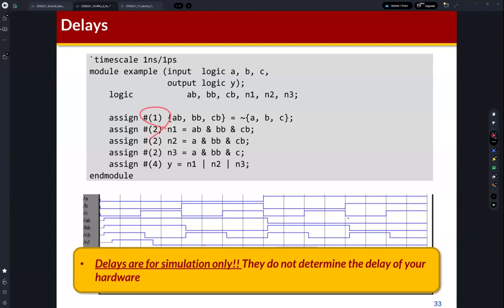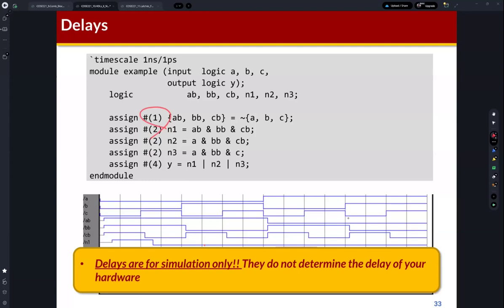Sometimes students can think that, oh, we can make any hardware using SystemVerilog, which means we can just implement some delays. We can just represent delays of hardware in SystemVerilog. Then you can think that the synthesized hardware will have the defined timing delay, the timing specification defined in this code.